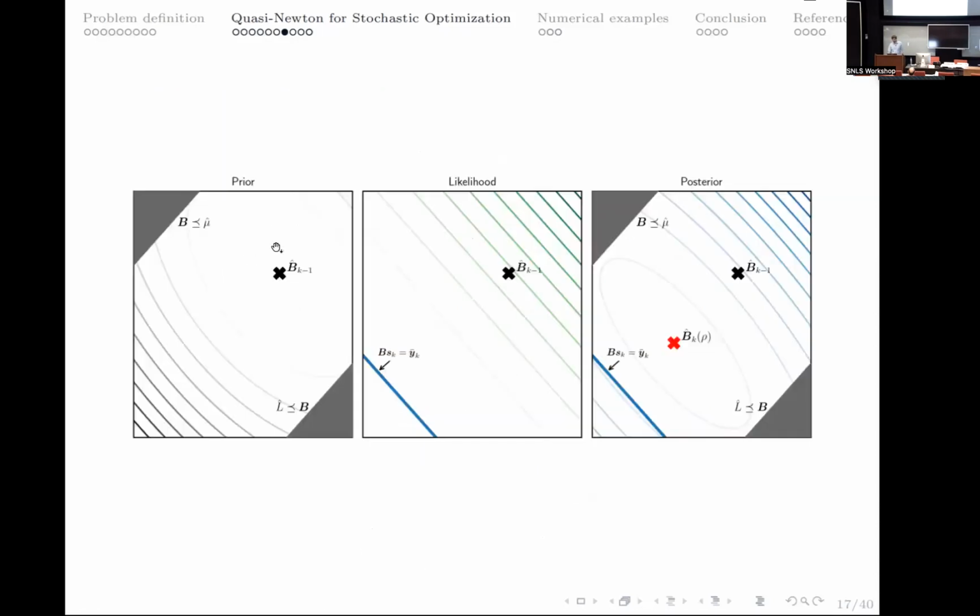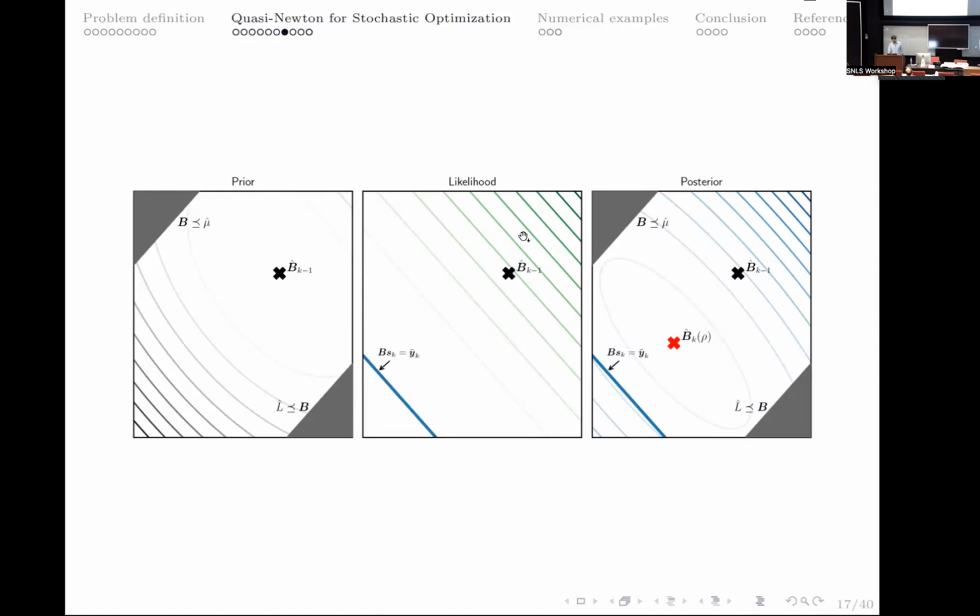So in the same spirit of the other cartoon that I've shown you before, here I am showing you the prior, the likelihood, and the posterior. The prior is basically the same as for the deterministic case, except that now we have these constraints as these shaded regions here, where we cannot enter. Now we see here in the likelihood this affine space where this secant equation is satisfied, but of course we're not fitting it.